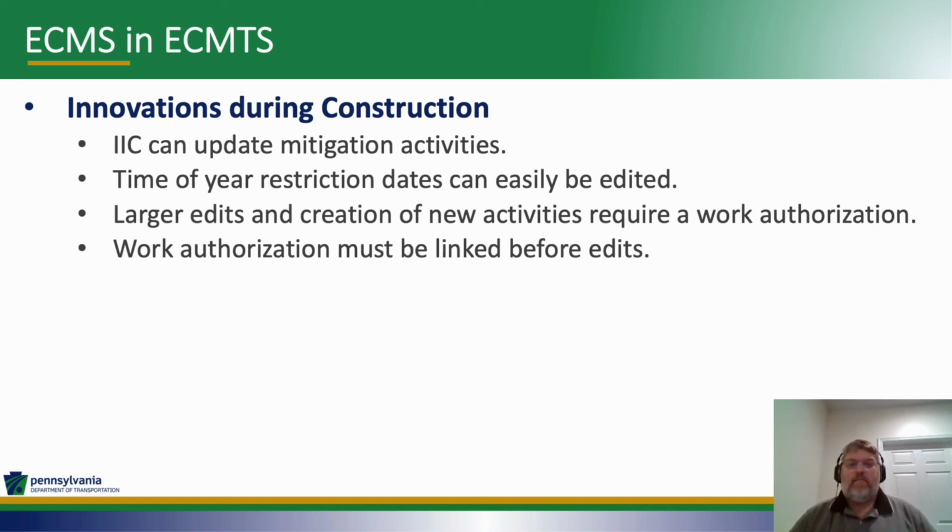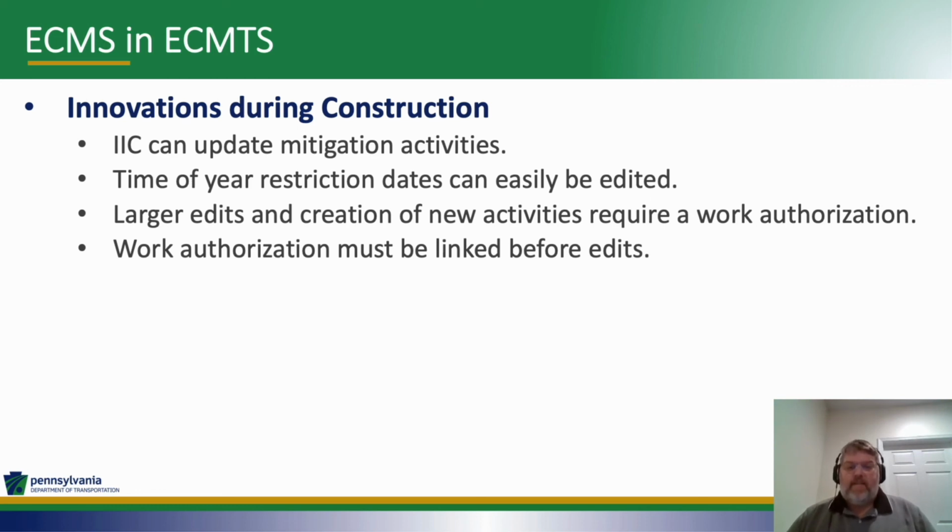And in that case, we need to close the mitigation activity that we're tracking, with an explanation for why we're closing it, and then create a new mitigation activity after coordination with the official with jurisdiction or the agency that has jurisdiction over the resource that we inadvertently impacted.